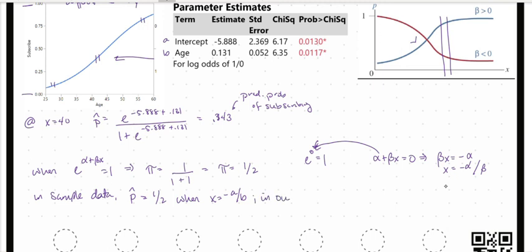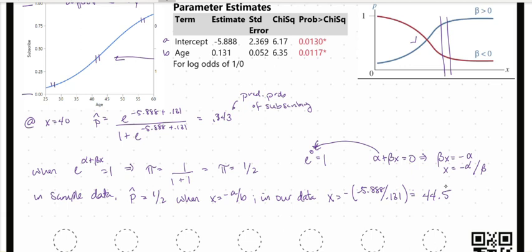In our data, that means when x equals negative 5.888 over 0.131, which is 44.5. So when we are dealing with 44-and-a-half-year-olds, they have a predicted probability of subscribing of about 50-50.